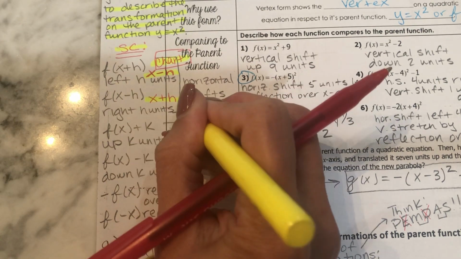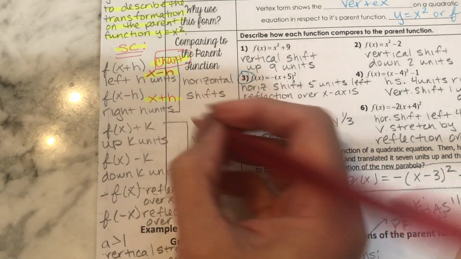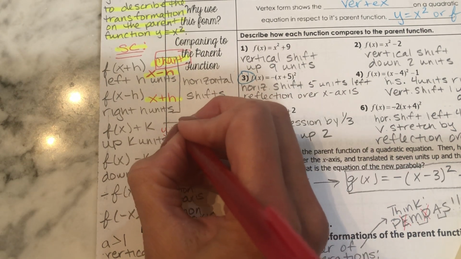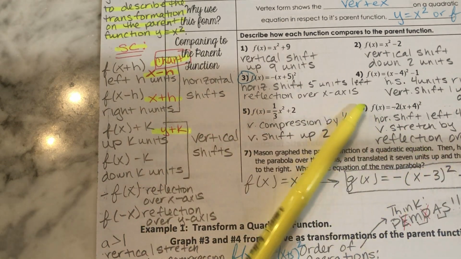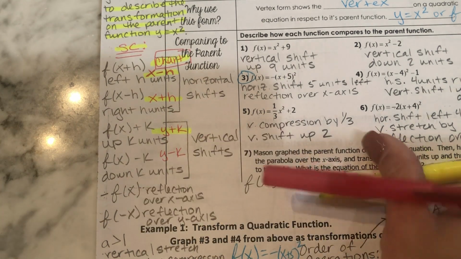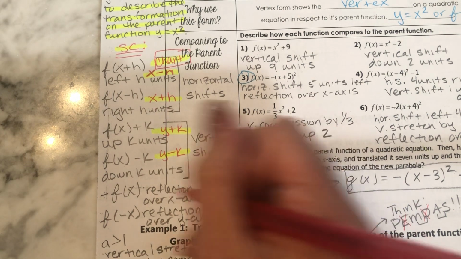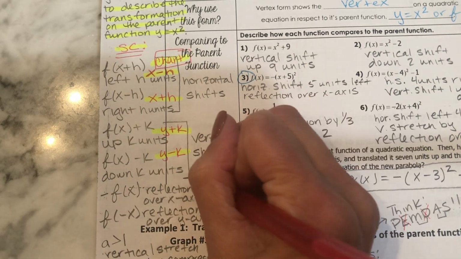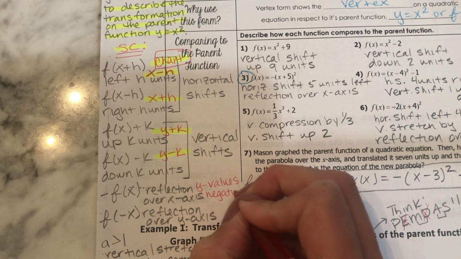So that's x plus h. If it's moving up, we're adding to the y value in our chart. And if it's moving down, we're subtracting from the y value. And if it's a reflection over the x-axis, that's going to make our y values negative in our chart.